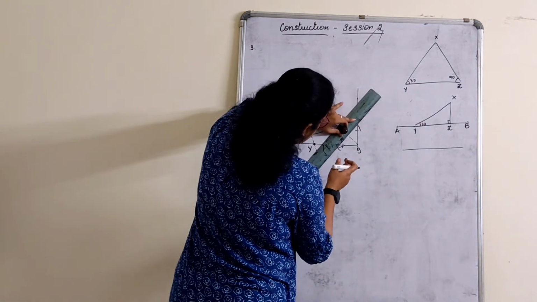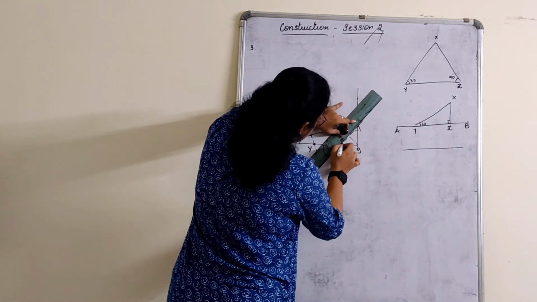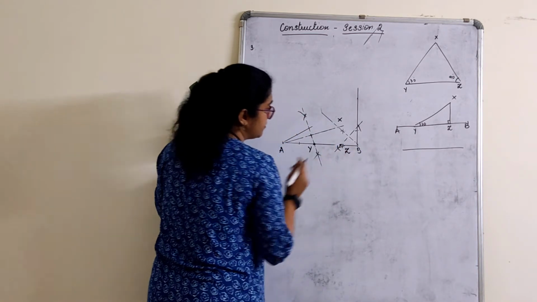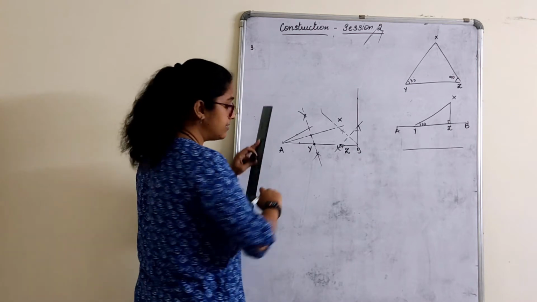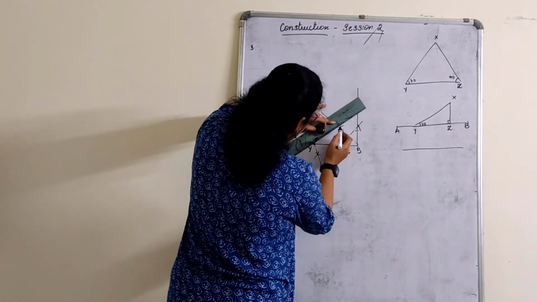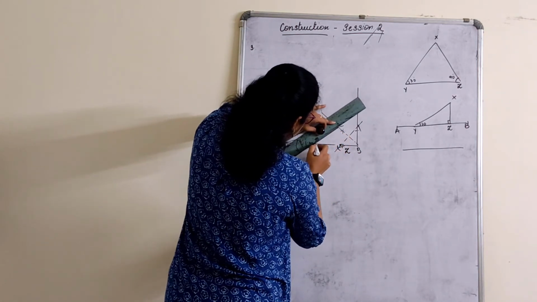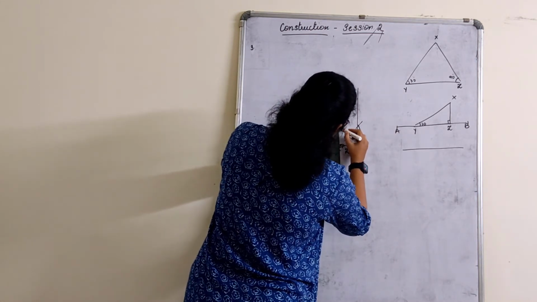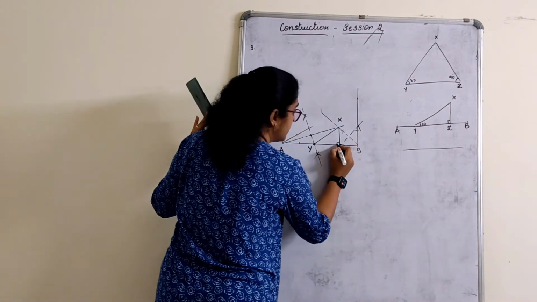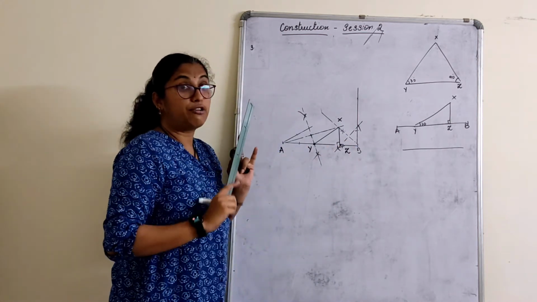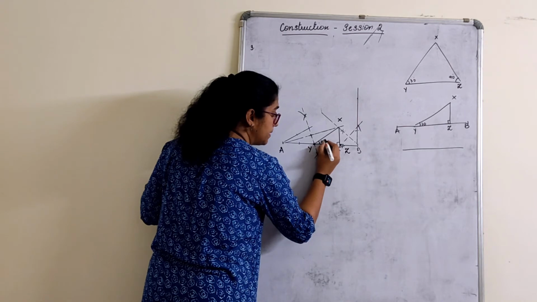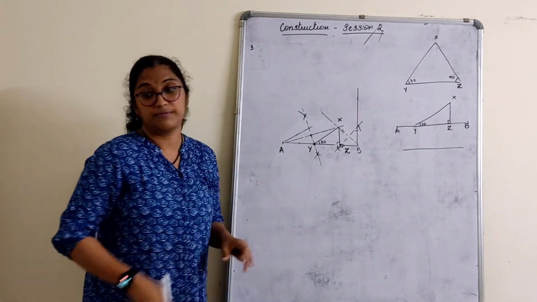Mark this here. This point is Z. You have now X, Y and Z. Okay. So this is your required triangle. See, we got 90. Take a protractor and measure. This will be 90 and this will be 30 degree.